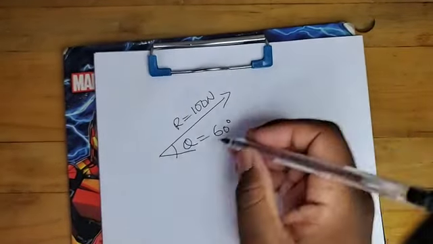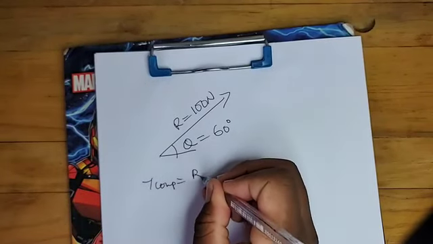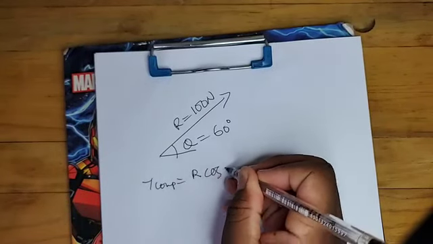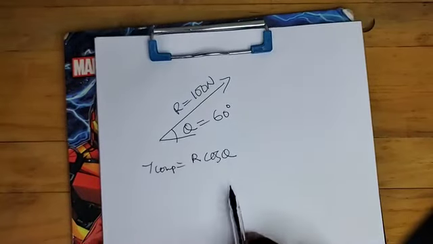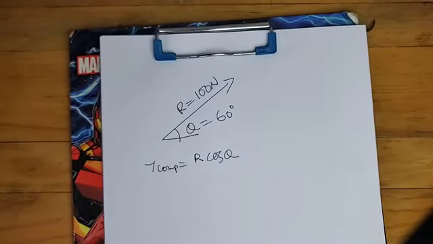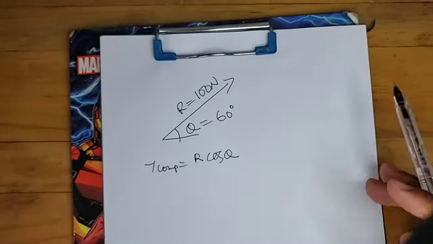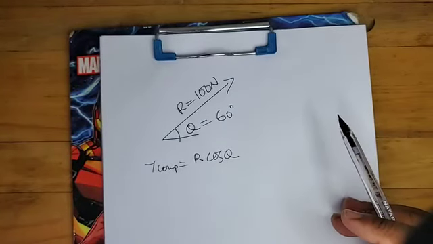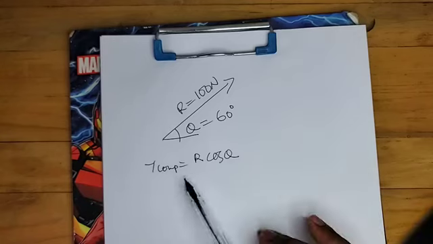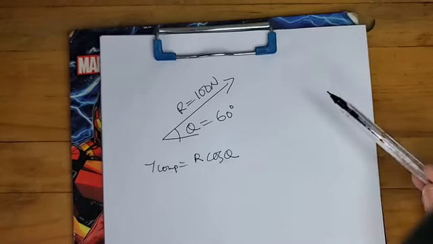So we said the y component is found as r cos theta. Is this correct? If I claim the y component is r cos theta, is this correct, yes or no?